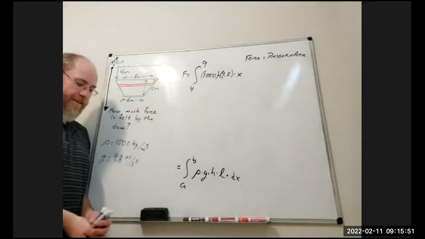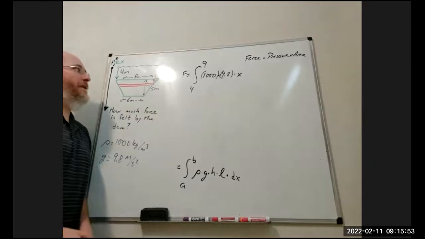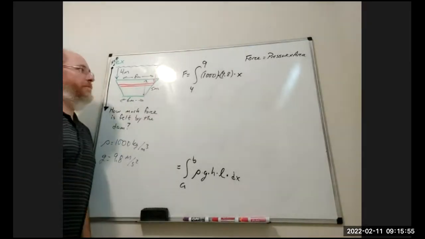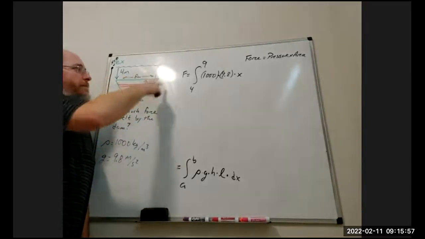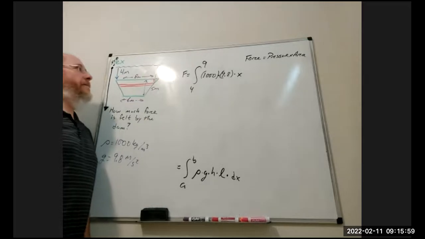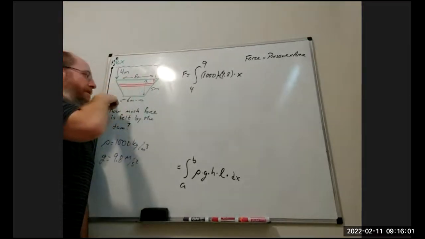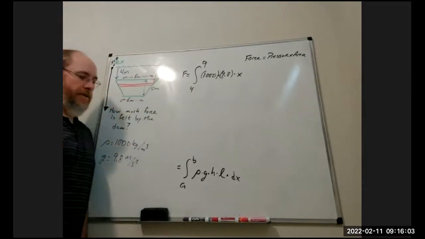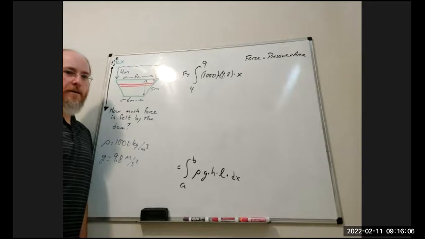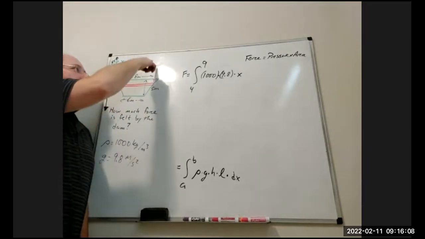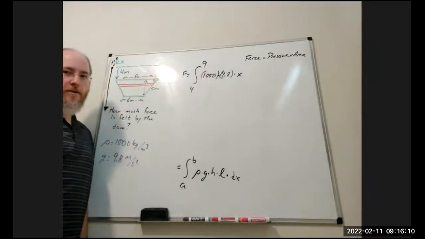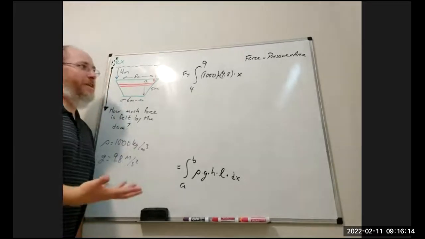All right, so think about what we know. At a depth of 4 meters, our width is 8 meters across. And at a depth of 9 meters, our width is 6 meters across. I need to know at a depth of X meters, how far across are we? Well, here's what we're going to do.